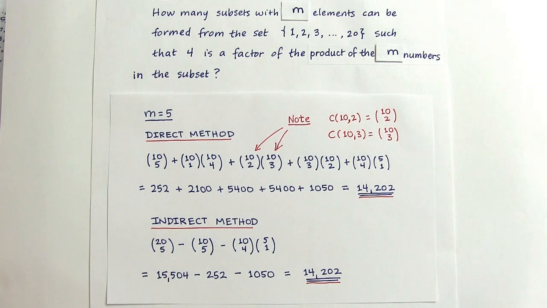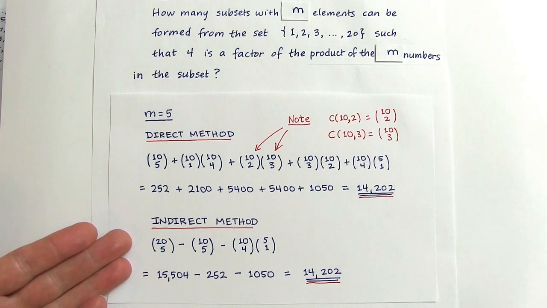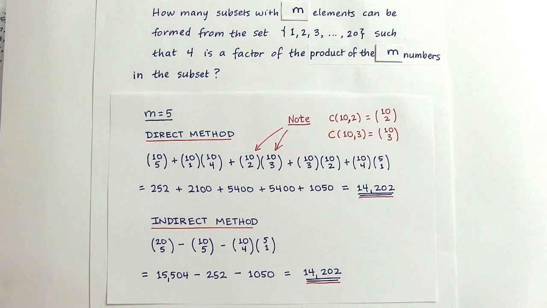Now, why don't you try another one of these for practice? For example, how do the two solution methods compare if m is 4? You should get the same answer using either method. If you're curious, you can compare your results with my answers.